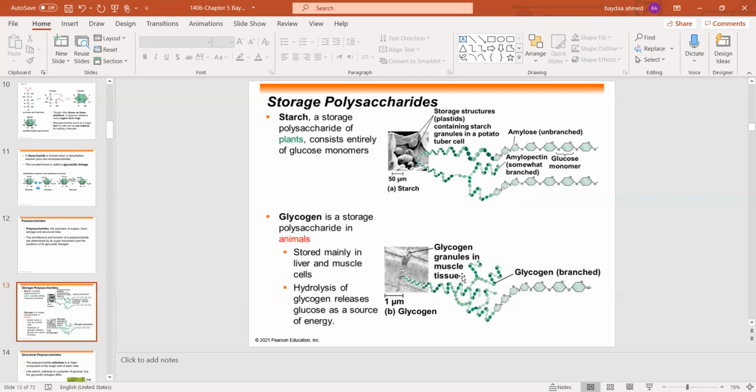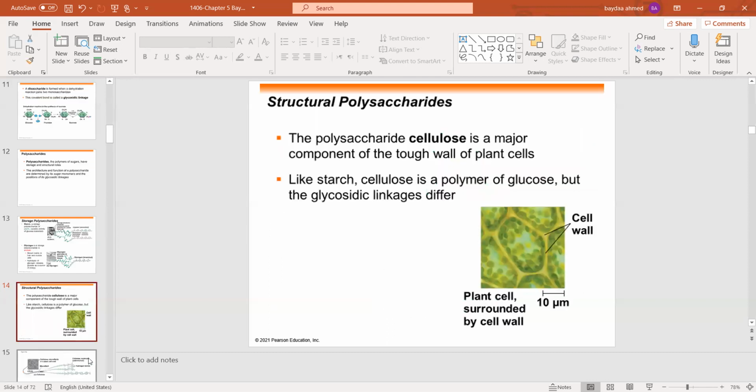Vertebrates store glycogen mainly in liver and muscle cells. Breakdown of glycogen in these cells releases glucose when the demand for energy increases. And that's what storage polysaccharides are, those stored for later use inside the cells or our bodies.